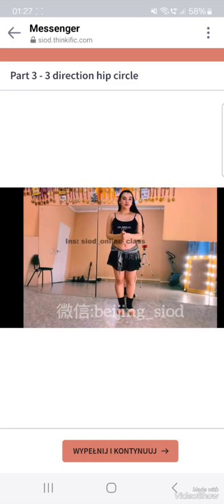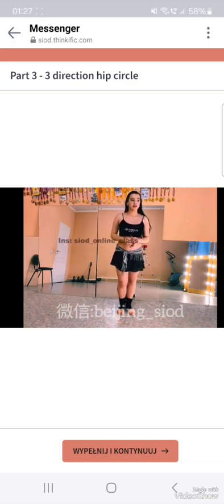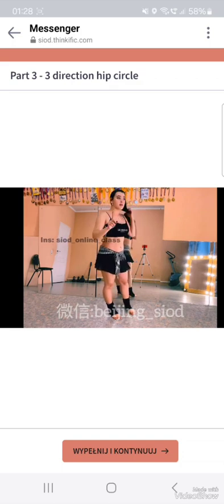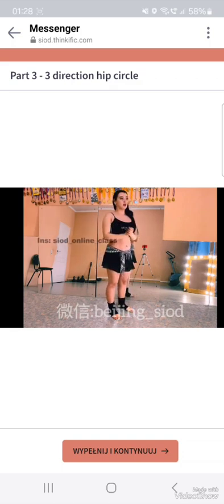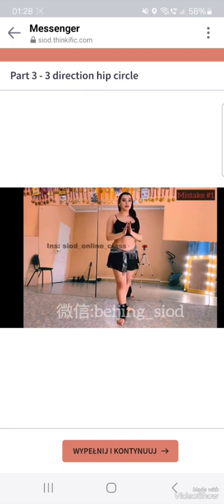Now we will see which mistakes can be in this third kind of hip circle, which we learn now with turning. Honestly, all mistakes are the same as I explained before in previous parts, but the most popular is about your back. Please keep your back straight.